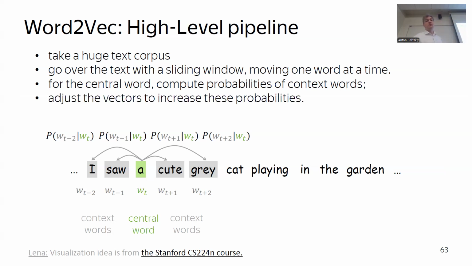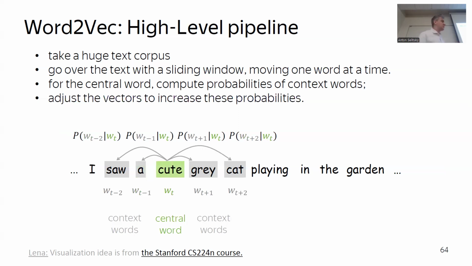And then we go through the entire corpus of our texts. And now I will explain how we calculate these probabilities. Then we calculate these probabilities, but conditioned on the next central word, and so on. So in your code, you will just create pairs, a central word and context word.